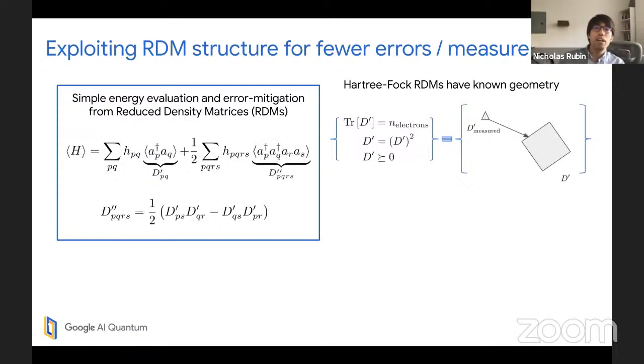Let's say we measure a state at 1 RDM that gives us something else. This is a set of 1 RDMs that obey the geometry that I'm just talking about. What we can do is project it back to the boundary, thus purifying our state.